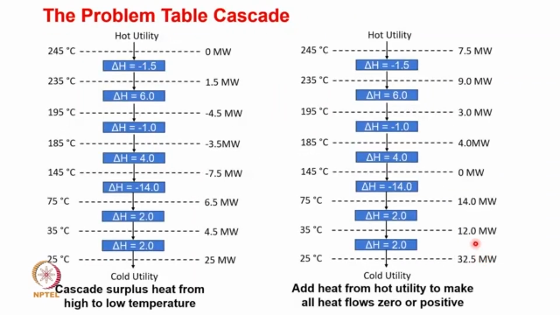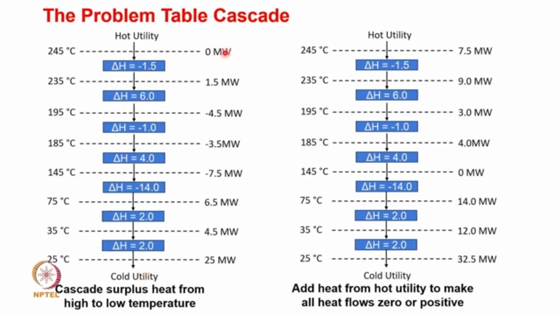So again, this is the sequence table of a problem table cascade. These are again the same temperatures that we have shifted from 25 to 45. Beyond the hot side of the composite curve, you may have a hot utility, and below the cold side of the composite curve you have the cold utility.